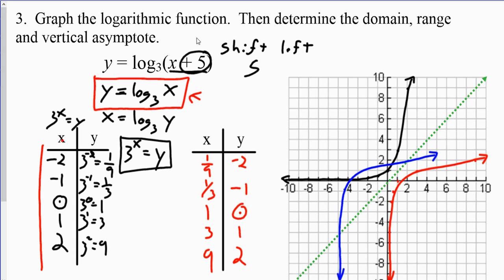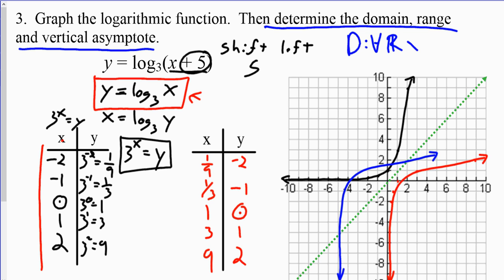So then if I want to now determine my domain and range and the vertical asymptote of my blue function here, I can say that the domain is going to be for all real x's such that x is greater than negative 5, because my vertical asymptote is at x equals negative 5.